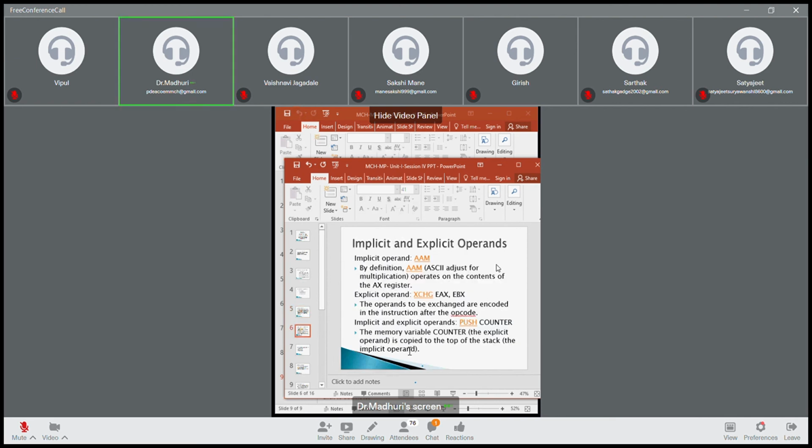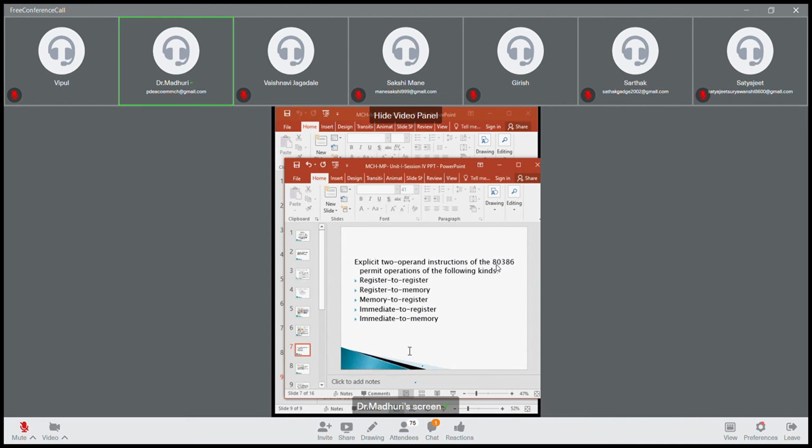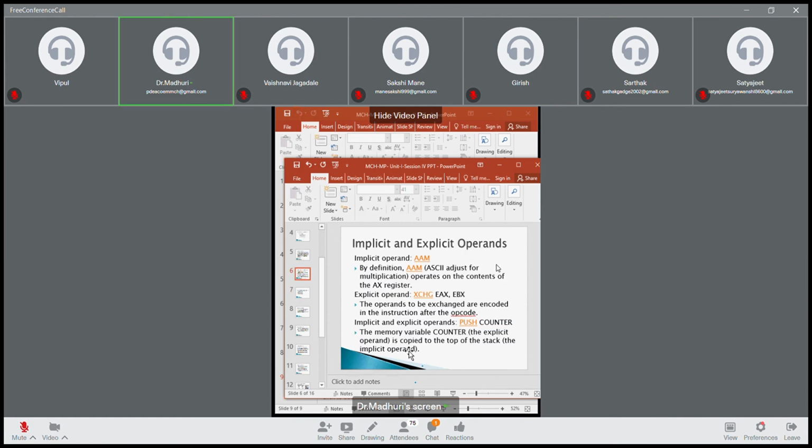Now these are the instructions. Actually you won't understand them now, because there is the AAM instruction, ASCII adjust after multiplication, but just remember there is some instruction set. This is the instruction AAM, ASCII adjust after multiplication, operating on the content of the AX register.